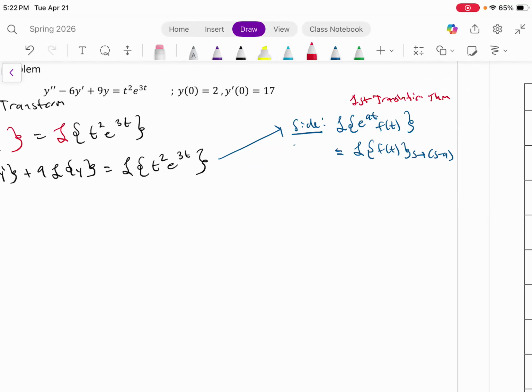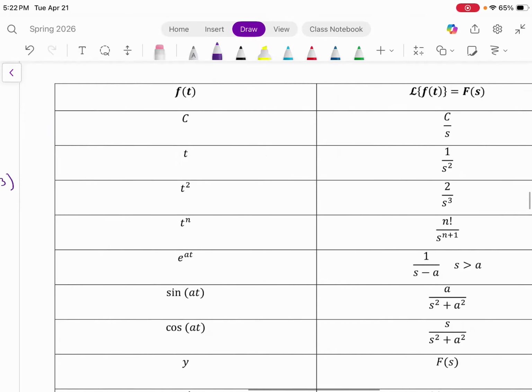So that's our first translation theorem. For this example here, the Laplace of t squared e to the 3t would equal the Laplace of t squared, with s shifting 3 units to the right. And the Laplace of t squared, we can see in the table on the right, is just 2 over s to the third.